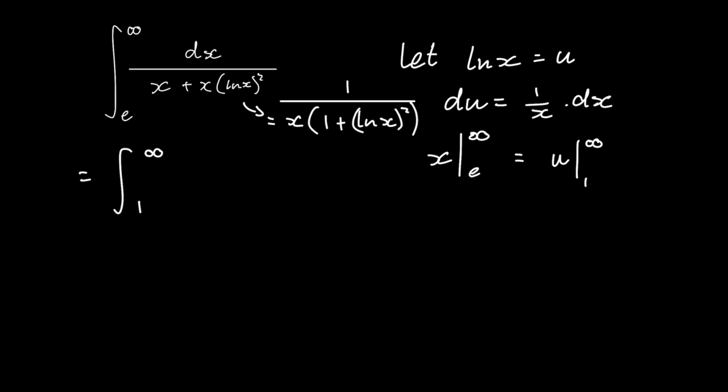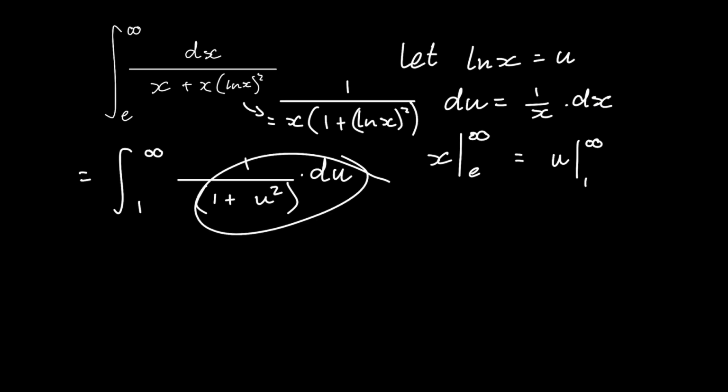Alright, so we substitute in for ln of x, we're going to substitute in u. So we have u squared, and then this x came out, and then what we would have here is an x and a dx, but we're substituting in du for 1 over x dx. So that actually goes, and we write du.